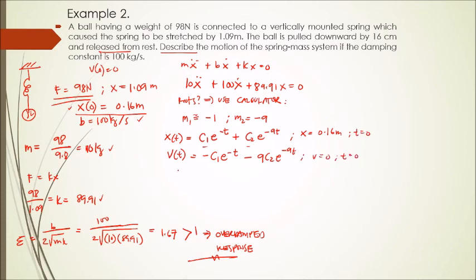Then we can have c1 is equal to negative 0.18, c2 is equal to 0.02.